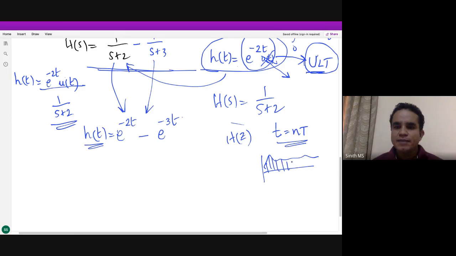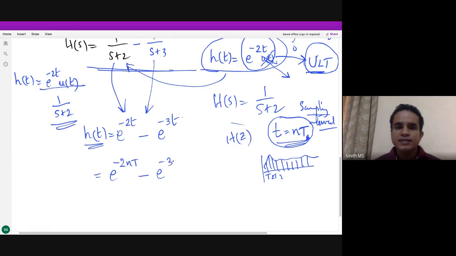If you take the samples at regular intervals T, 2T, 3T, and so on, you can replace t with nT, where T is the sampling interval. So this you can write as e raised to minus 2nT minus e raised to minus 3nT.